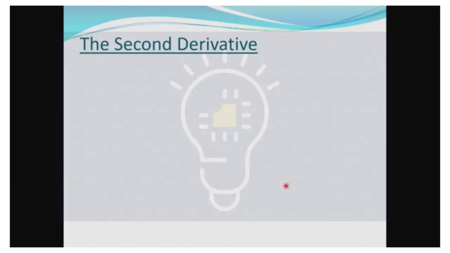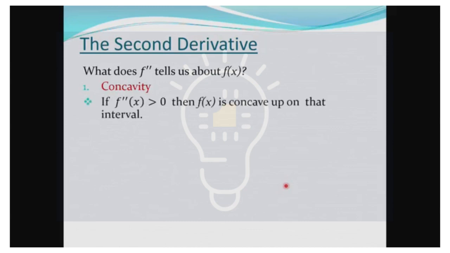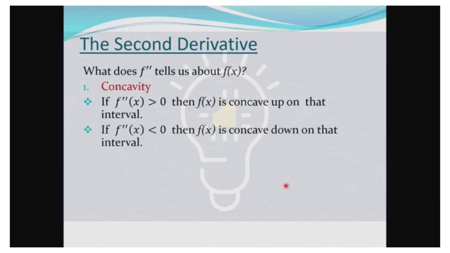Again, we go to the second derivative. What does the second derivative tell us about the function? First of all, it tells us about concavity. If the second derivative is positive, then f of x is concave up on that interval. If the second derivative is negative, then f of x is concave down on that interval.